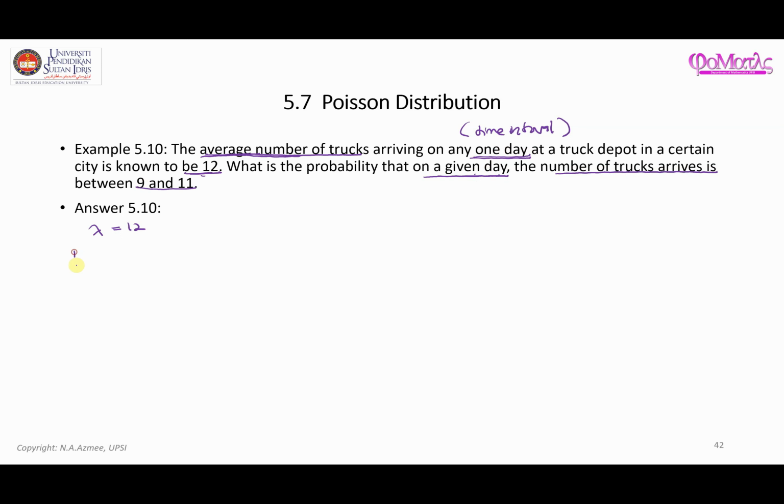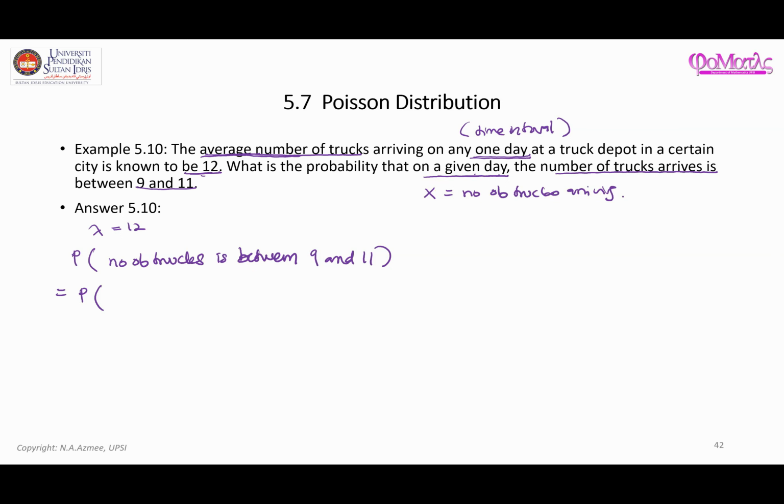What it is asking you to find is the probability that the number of trucks is between 9 and 11, and this can be mathematically translated by representing the number of trucks arriving as a random variable. So x here is the number of trucks arriving, and clearly this random variable has a Poisson distribution.